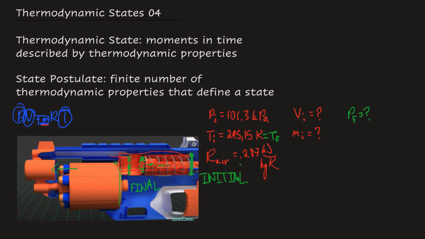Now this is always the same, right? And the volume will definitely be different because of this final state, but again, we can use the dimensions of the Nerf gun to estimate that. And for the mass, although it would seem that the mass would go through this little hole right here and move this bullet out, we'll just assume the mass is about the same.